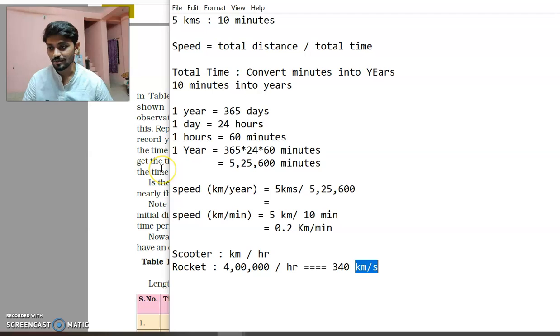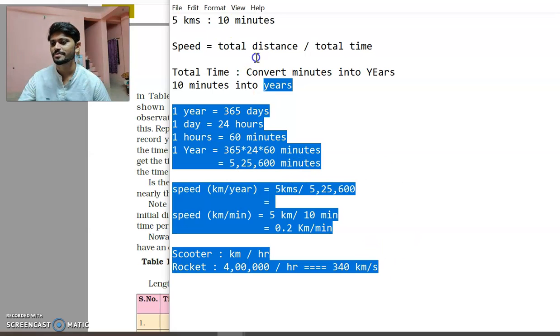So that is all about considering the unit of time, considering the unit of speed. Based on the unit that you select for time and the unit that you select for distance, you will get an appropriate unit of speed. Didn't understand? Let us see.